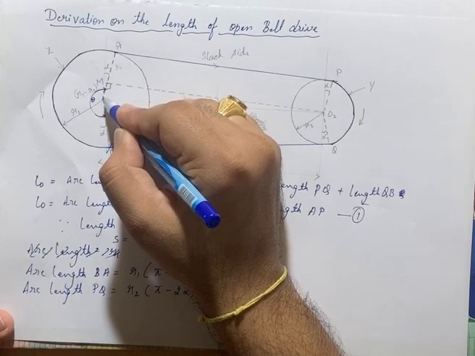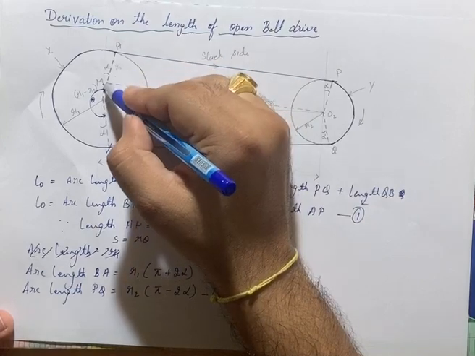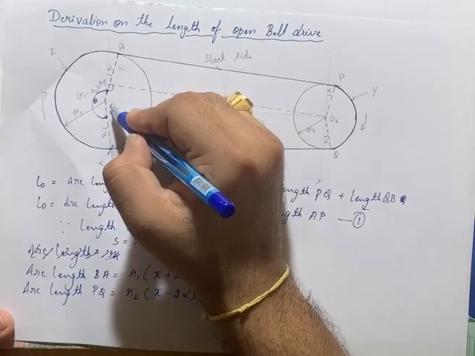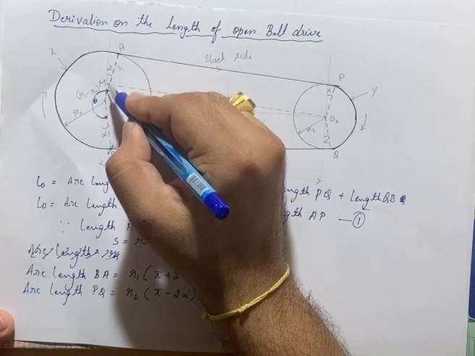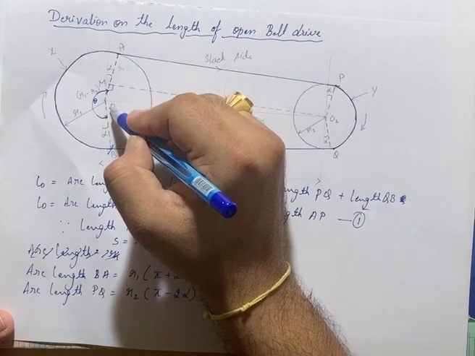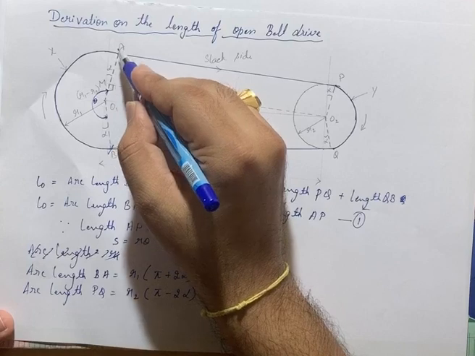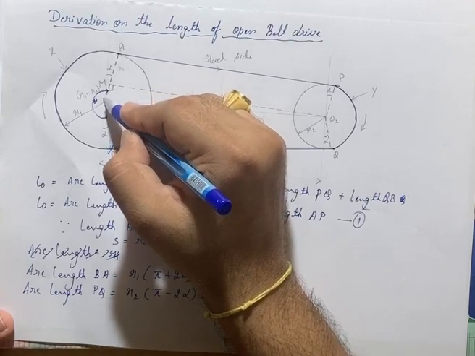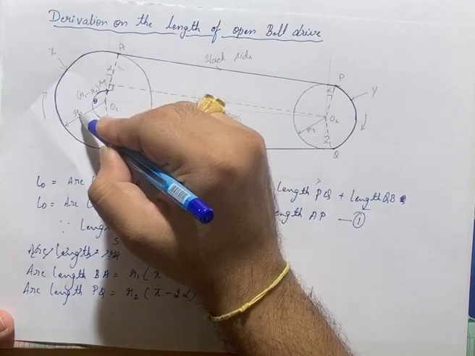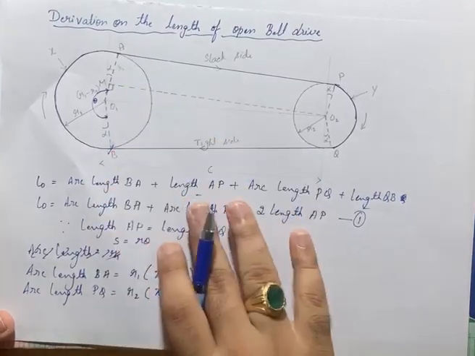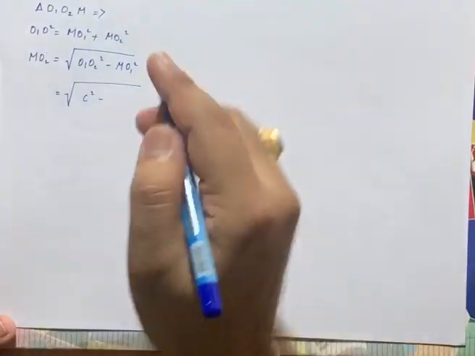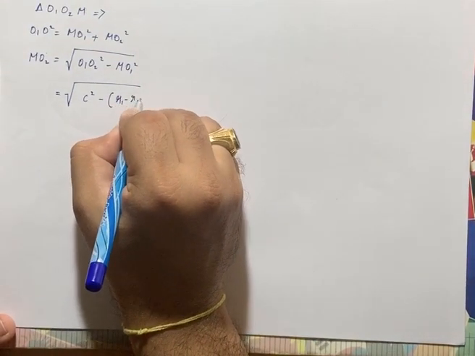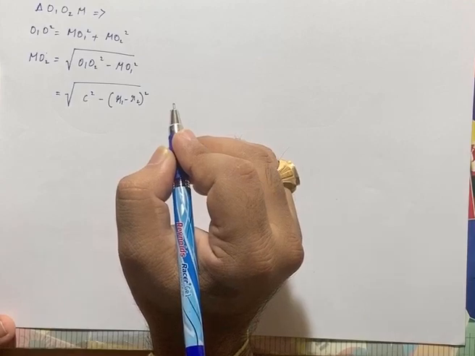Here we know M A is R2 and O1 A is R1. So O1 M is O1 A minus M A. So this length becomes R1 minus R2. So I will directly write this as R1 minus R2 whole square.